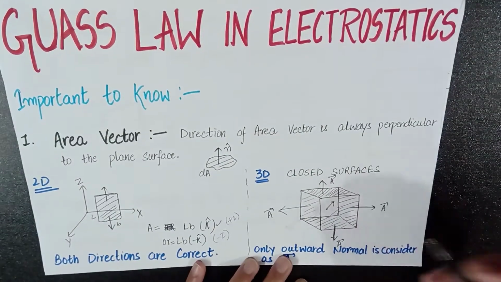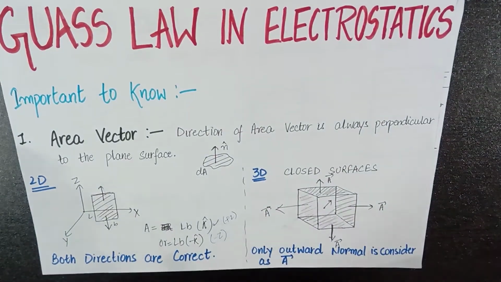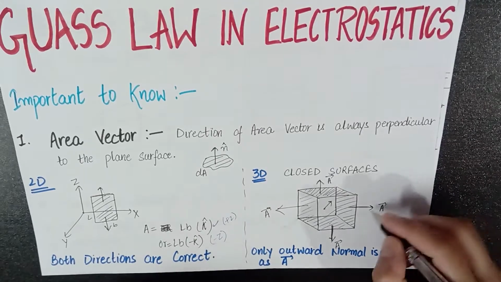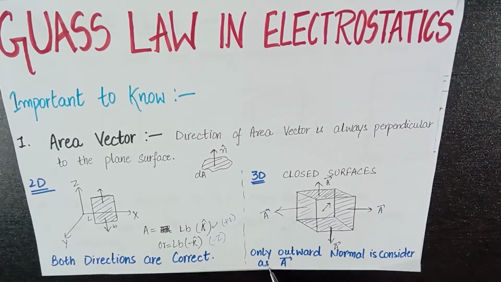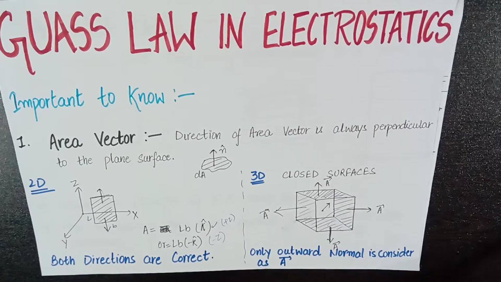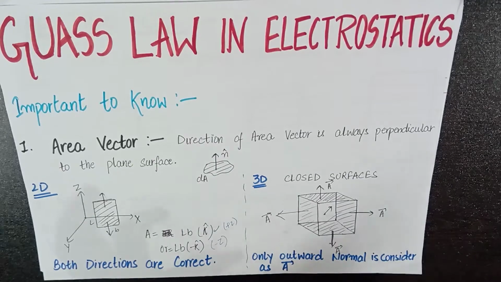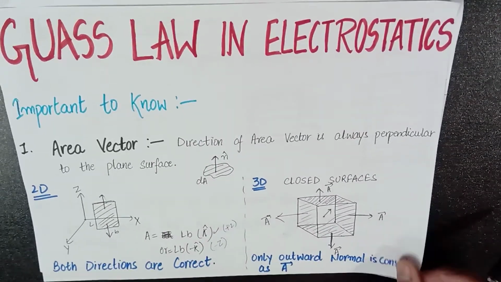All six faces have an area vector only on the outside. So only the outward normal is considered as area vector A. This is the case for the 3D object, where we will not go inside, we will take the outward area, and only on the outward side will we show the direction.